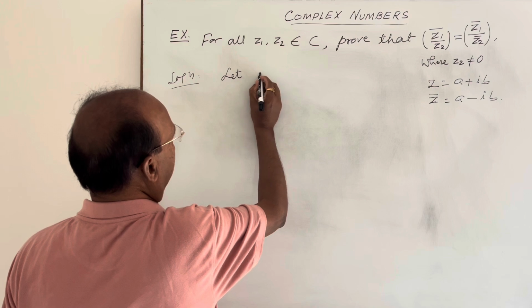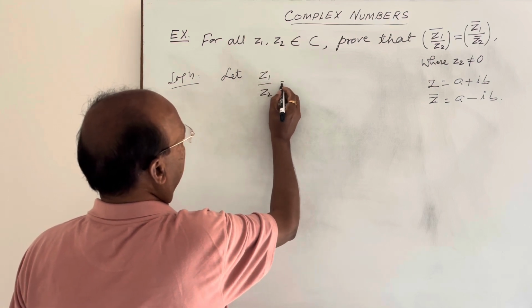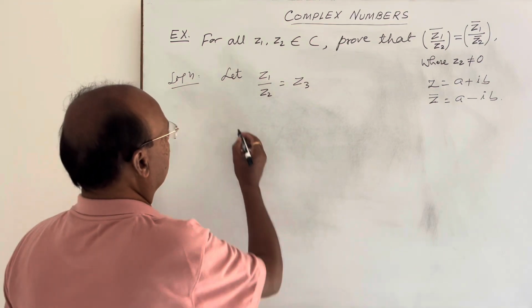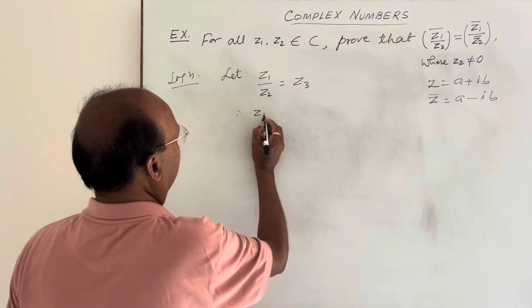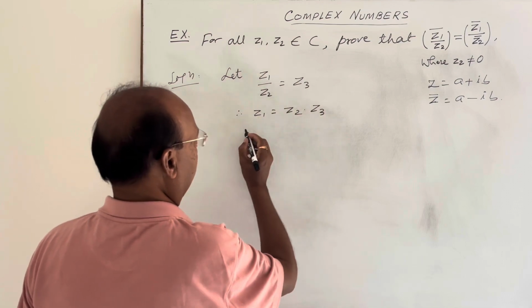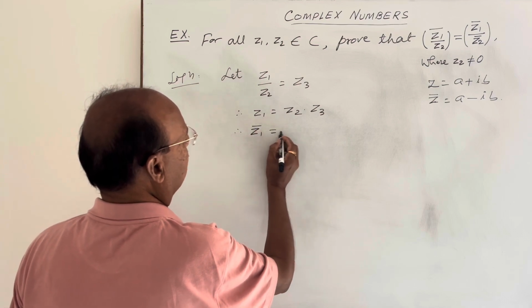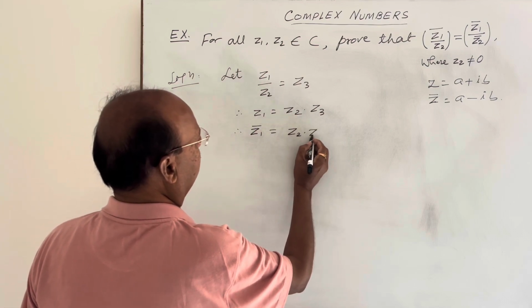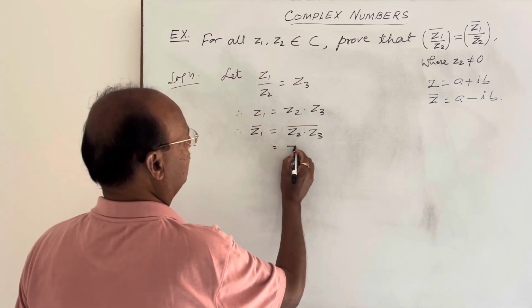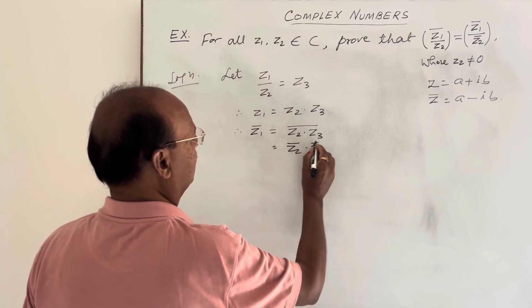Let us suppose that Z1 upon Z2 is equal to Z3. Correct? So therefore Z1 is equal to Z2 into Z3. And therefore Z1 conjugate is equal to (Z2 into Z3) whole conjugate, and this is equal to Z2 conjugate into Z3 conjugate.